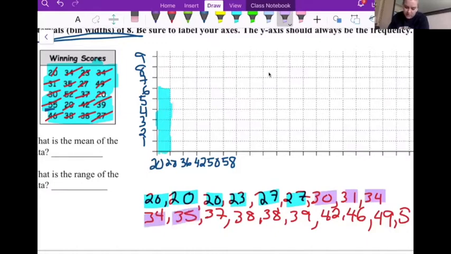I'm going to go up to 5 and shade in to 5. Then from 36 to 42, I have 1, 2, 3, 4. I do not include 42 in this one. That will go into our next bin. So I have 4.